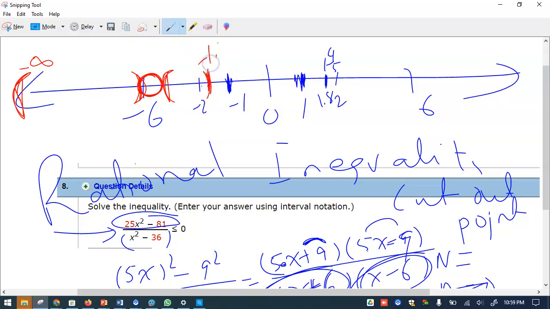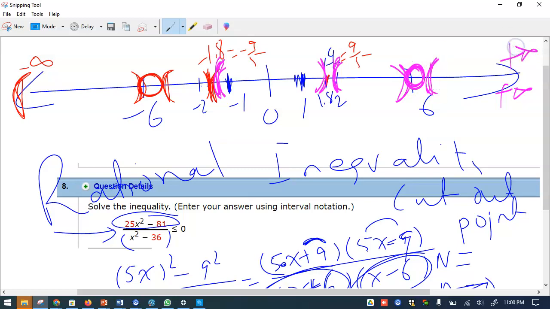That's minus 1.8, or minus 9/5. And this is 9/5. So all you do is from here you check till here, then here to plus infinity. So 6, you can't take this number, and then from 6 to plus infinity.